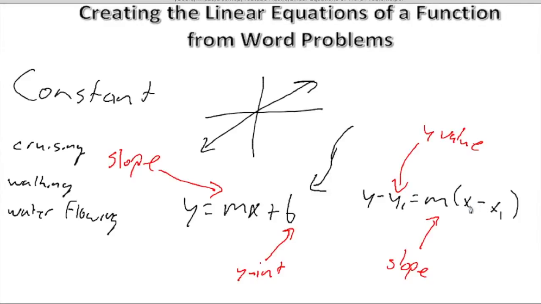And then in x minus x1, the x1 will be a given x value. Alright, now we know that, so we're going to go through an example and use the slope y-intercept form to solve it.